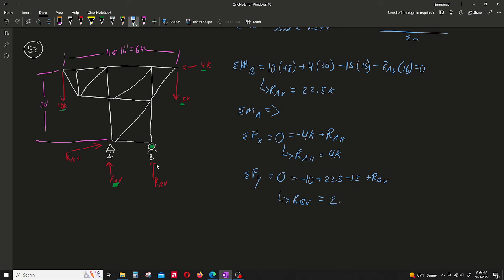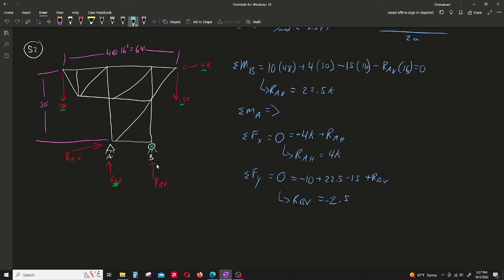See, I'm trying to see why I got a negative. I must have mixed up something. Oh, I know why. Because I forgot to set all this equal to 0. So it really would be positive 10, because I've got to get RBV by itself. Sorry about that. To get RBV by itself, I would take all this stuff and throw it to the other side of the equation.